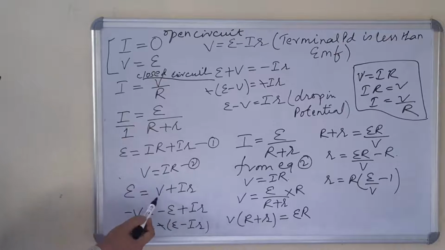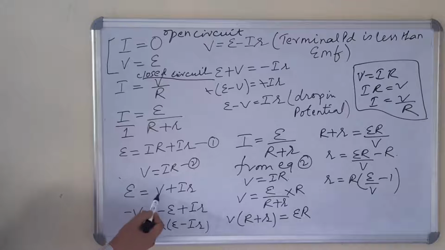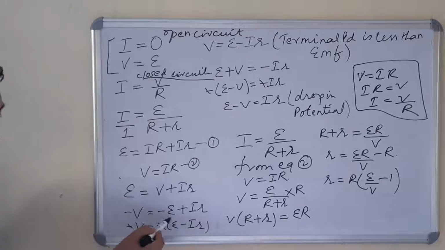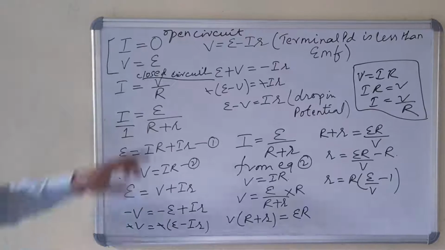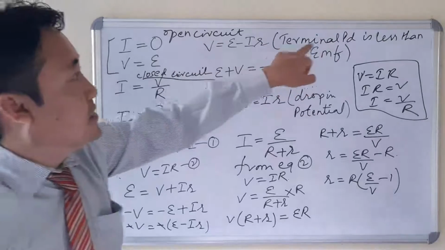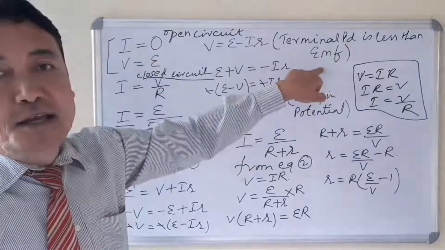Then bring this V to the left hand side. So minus V equals, take this to the right hand side, minus E plus Ir. So minus V equals, take minus common, minus inside the bracket E minus Ir. Minus minus cancels, so V equals E minus Ir. So this shows that the terminal potential difference is less than EMF.